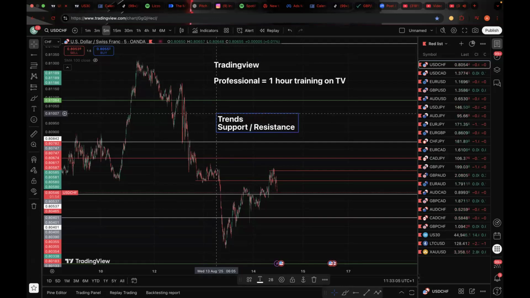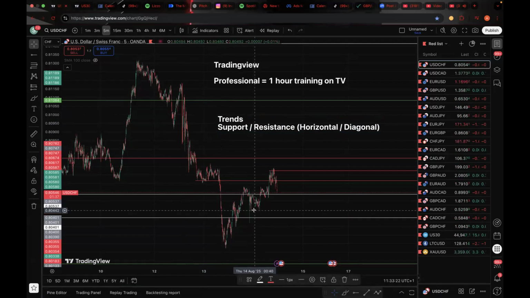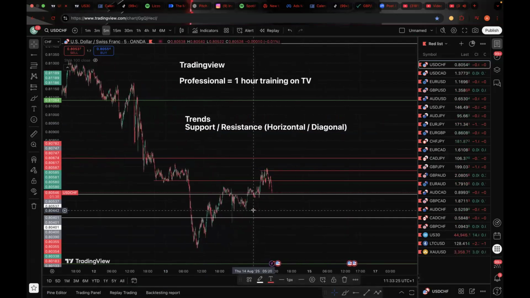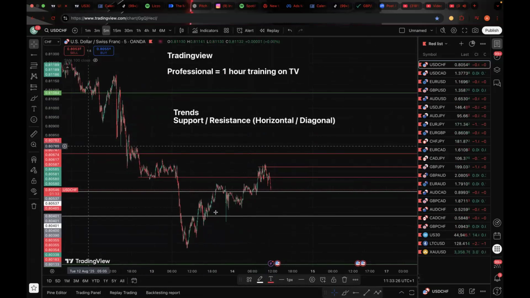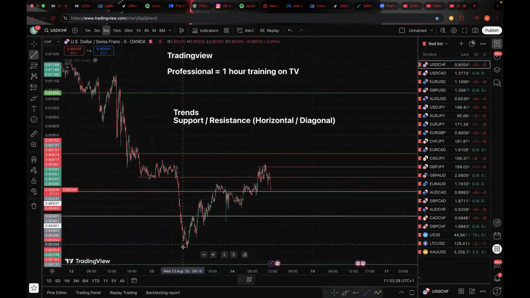When you see support or resistance, it's either horizontal or diagonal. Horizontal is this one you're seeing here; these are straight. Diagonal is when you have it inclined at a certain angle.